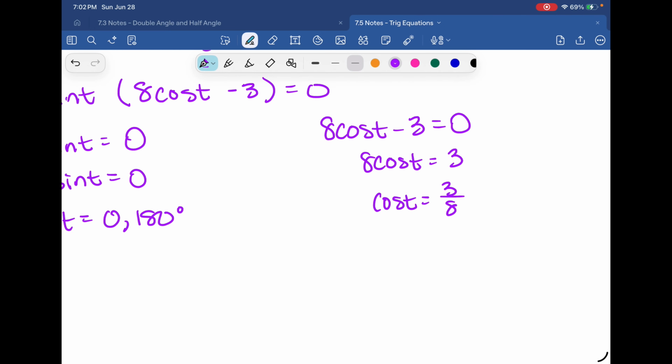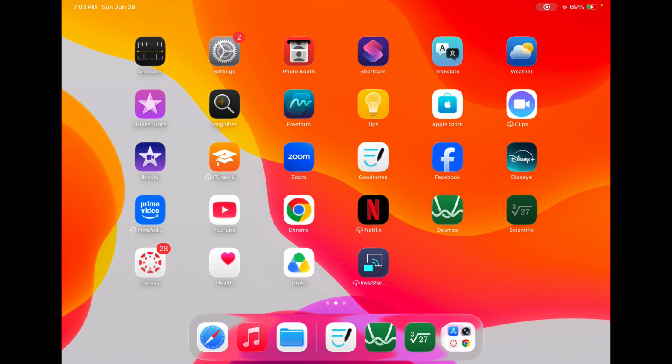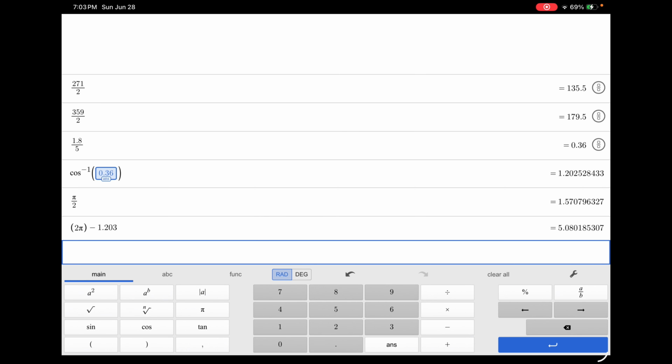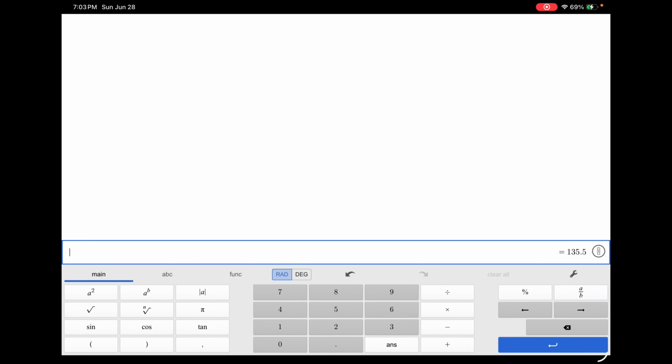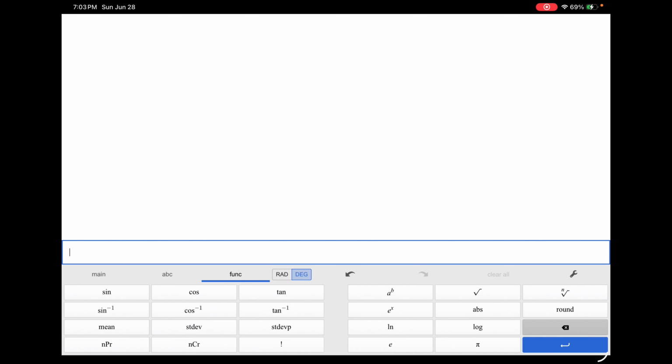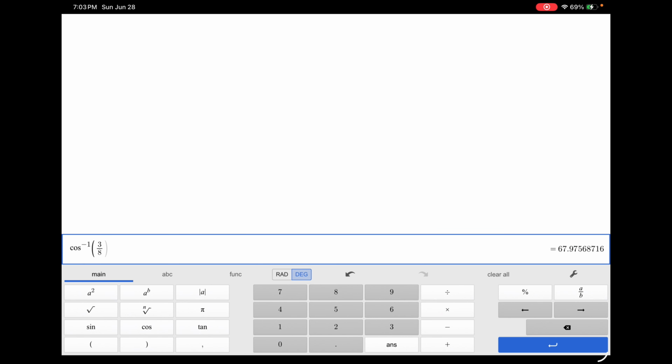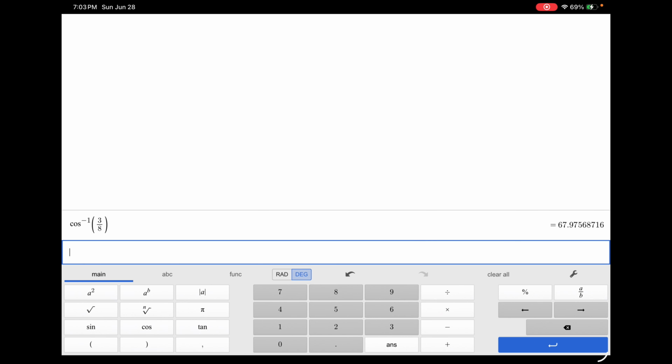Not a unit circle value. So I'm going to take the inverse cosine in degrees of 3 over 8. 67.976.